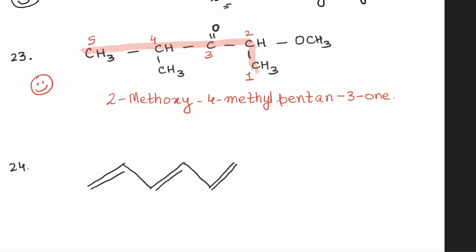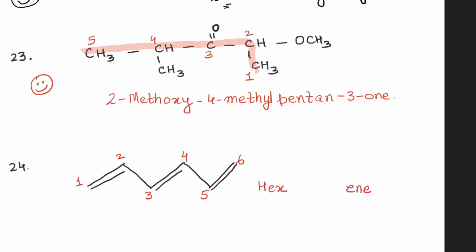Go on to question number 24. This should be easy because this is one chain of the compound. Now number it. So we have here 1, 2, 3, 4, 5 and 6. How do we name this compound? There are 6 carbon atoms in the chain. Saturated, unsaturated. Yes, it is unsaturated with double bonds. So a double bond means it will carry the suffix "-ene".